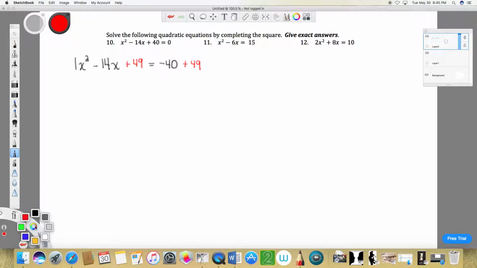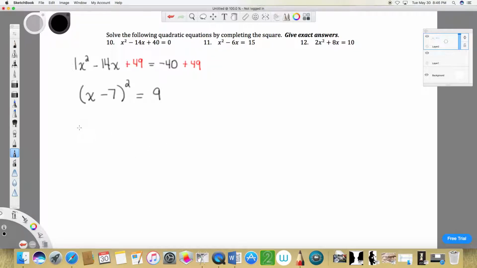So now what that does for me is I'm able to factor this trinomial into a perfect square. Half of negative 14, negative 7, quantity squared, and 49 minus 40 is 9.